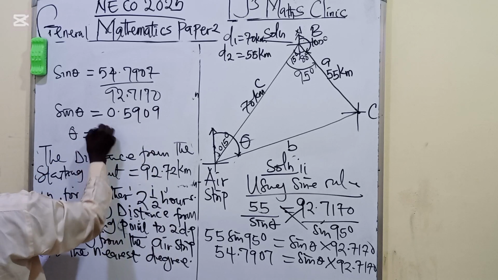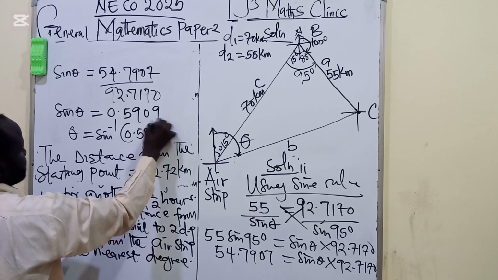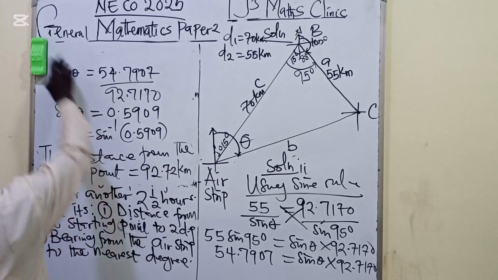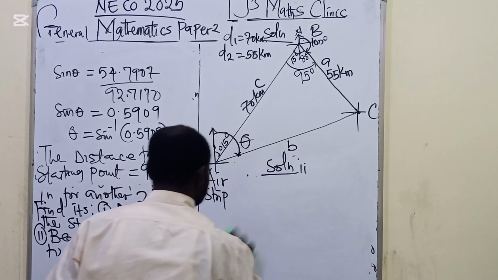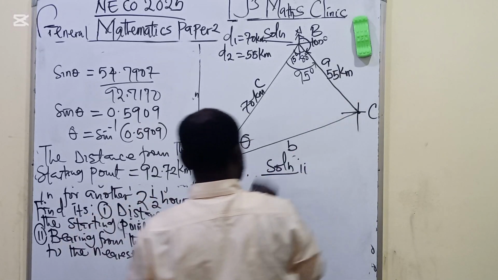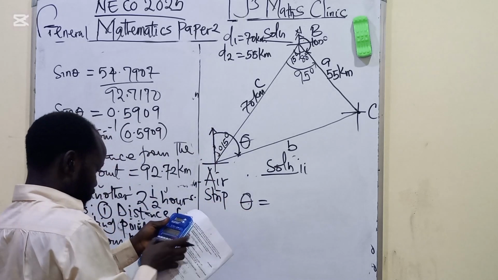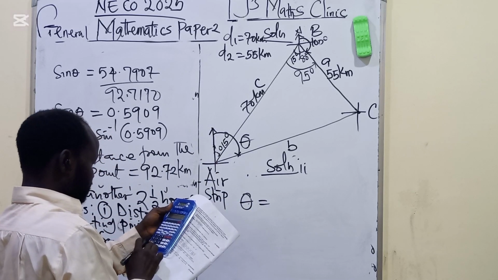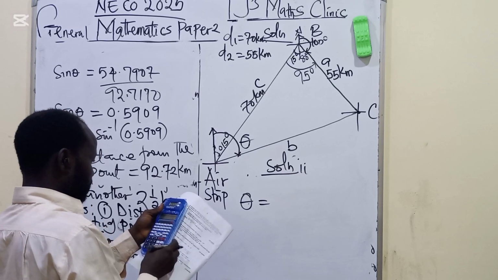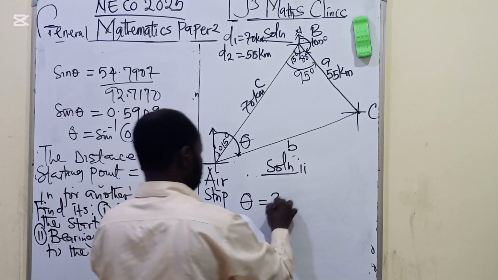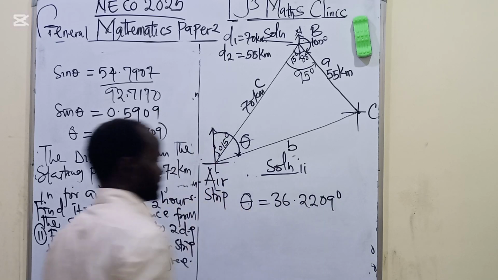So theta now, of course, will be the sine inverse of 0.5909. So what will be our theta? Let's clean this so that we can find theta. Theta now will be equals to, press our calculator, we press shift, then sine inverse of 0.5909. What do we have? We have 36.2209 degree. So this is our theta.